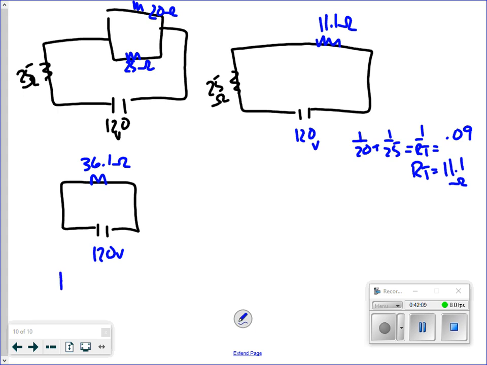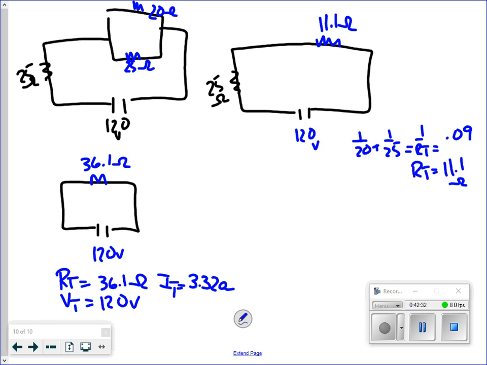So our total resistance worked out to be 36.1 ohms. Our total voltage, 120 volts, and our total current, let's divide those two. Total current is 3.32 amps.